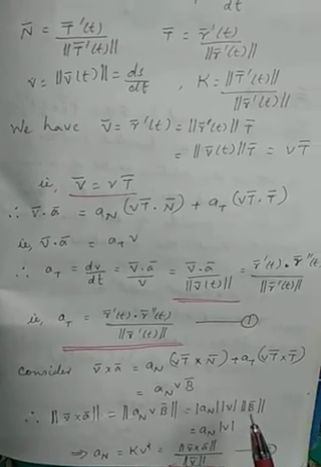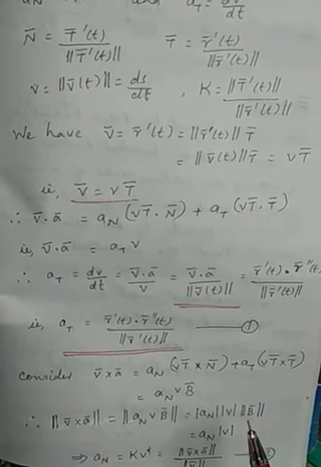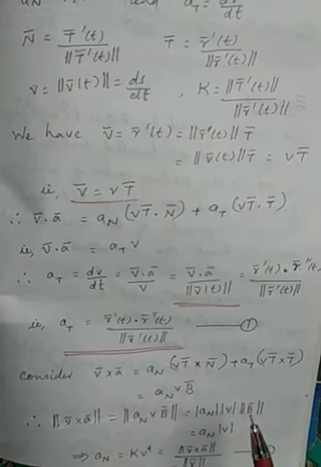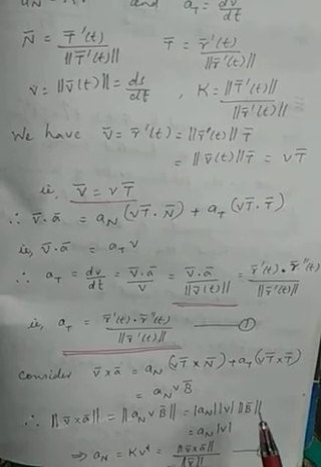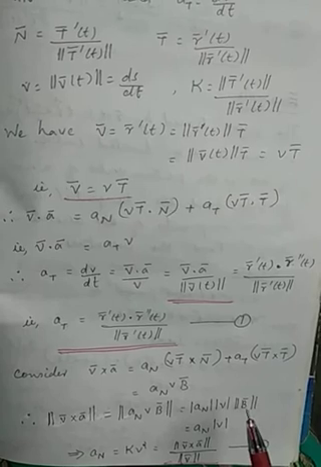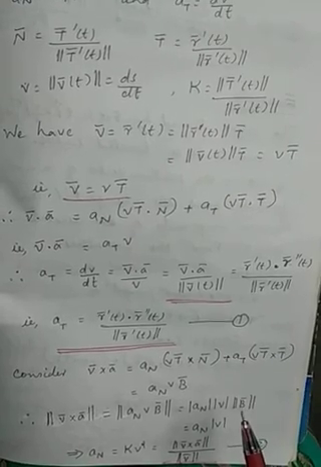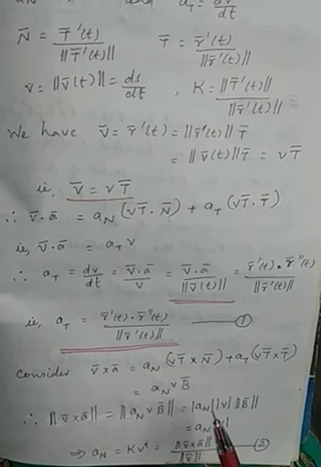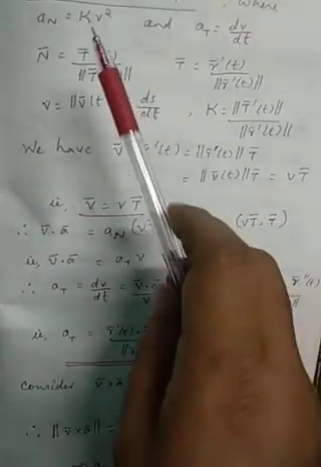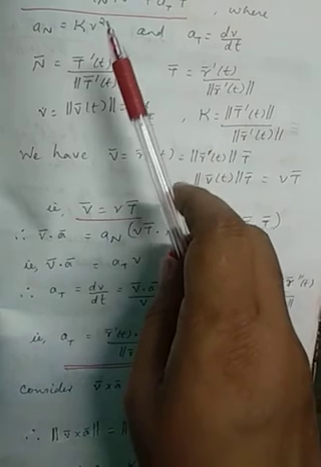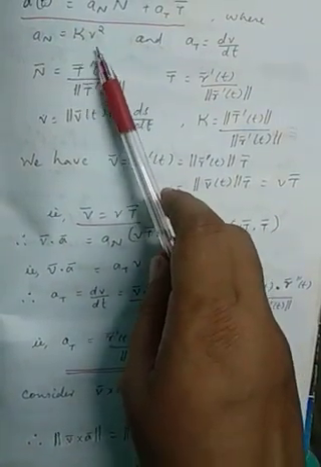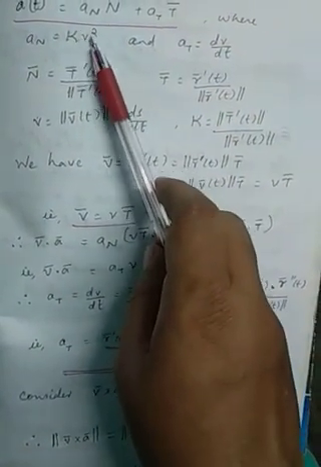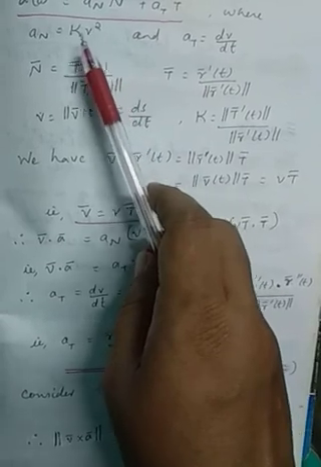What is norm of B? We have studied that B is a unit vector, so norm of B is equal to 1. And what is modulus of An? We have An is equal to kappa into V square. Here V square is always greater than 0.